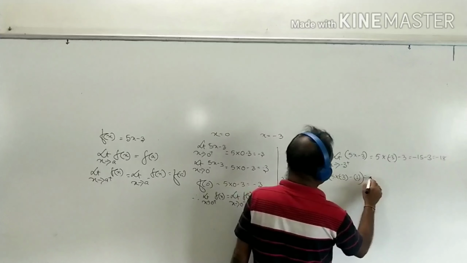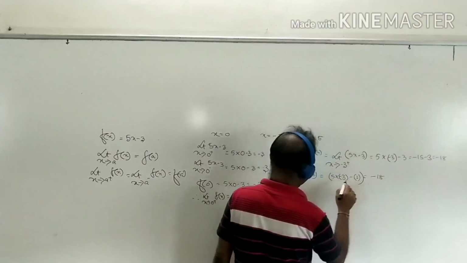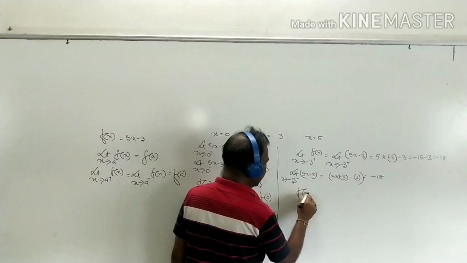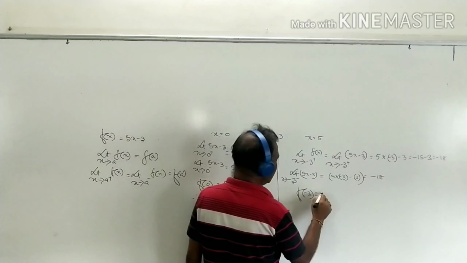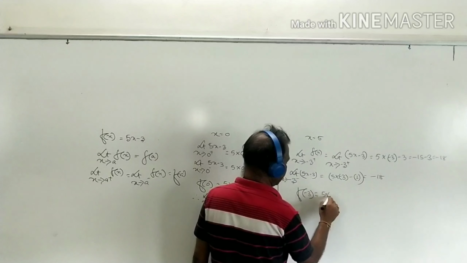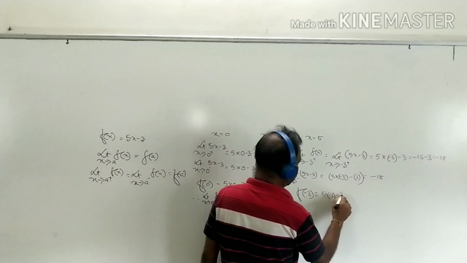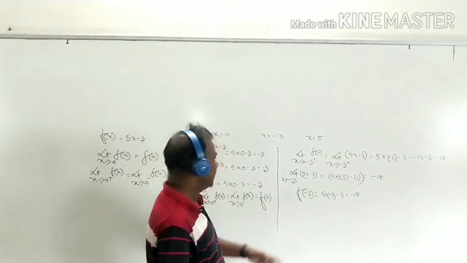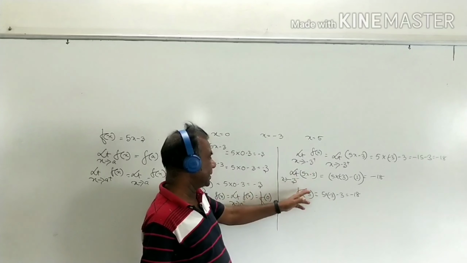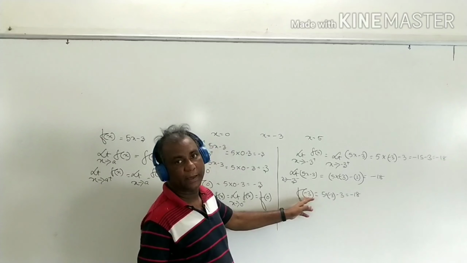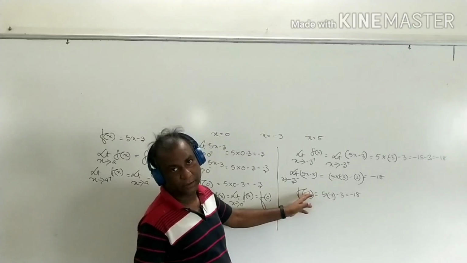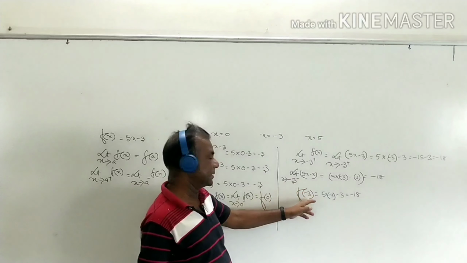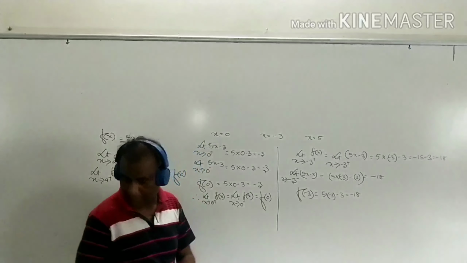Once again it will be minus 18, and f(minus 3) equal to 5 into minus 3 minus 3 equal to minus 18. Once again you can see that right hand limit equal to left hand limit equal to functional value. Hence, it is a continuous function at x equal to minus 3.